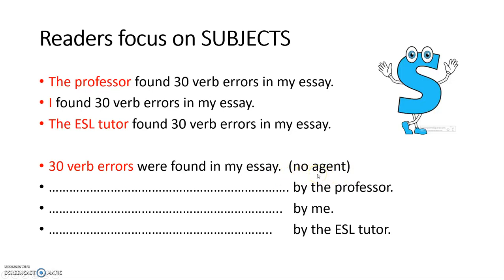In other words, we do not include the person who did the action. Or you could write the sentence the same way: 30 verb errors were found in my essay by the professor, by me, or by the ESL tutor. So you could include those if you want, but with passive voice, I think the focus of information is on the errors.